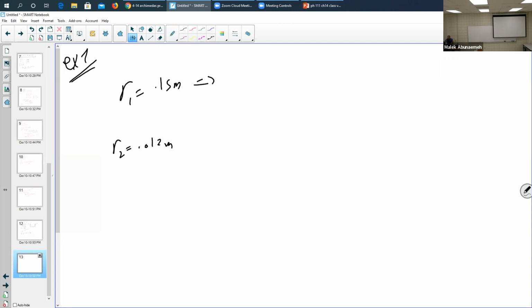That means your area for the first one is going to equal pi r squared, which equals pi multiplied by 0.15 squared. And for this one, your area, which is again pi r squared, is going to be pi multiplied by 0.012 squared.